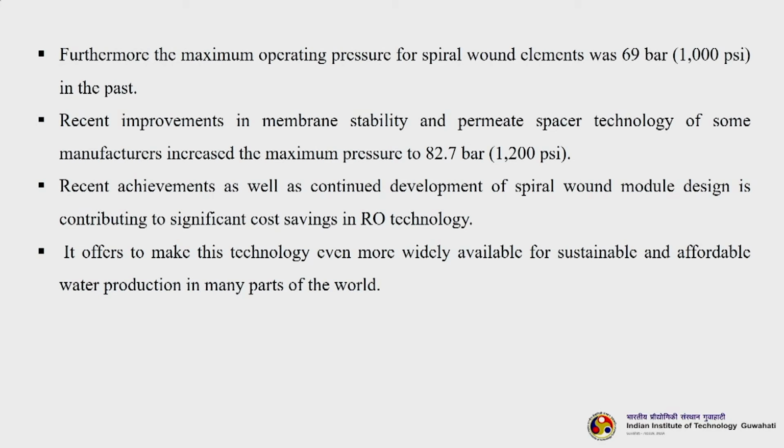Recent improvements in the membrane stability and permeate spacer technology of some manufacturers have increased the maximum pressure to 82.7 bar, or 1200 psi. Recent achievements as well as continued development of spiral wound membrane module design are contributing to significant cost savings in the RO technology. Now, it offers to make this technology even more widely available for sustainable and affordable water production in many parts of the world.